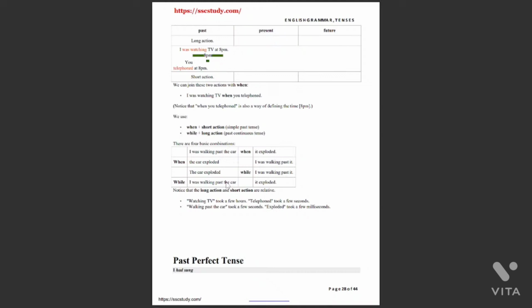Notice that the long and short actions are relative. Watching TV took a few hours, whereas telephoning takes a few minutes or seconds. Walking past the car took a few seconds. Exploding takes milliseconds. So this is the difference with the past continuous tense.